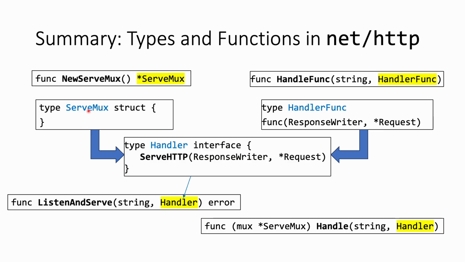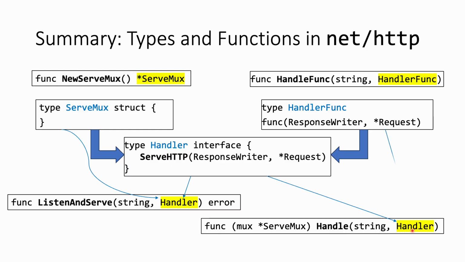Since ServeMux satisfies the Handler interface, we can pass an instance of ServeMux as the second argument of ListenAndServe. Similarly, method Handle of ServeMux also takes a Handler as the second argument.